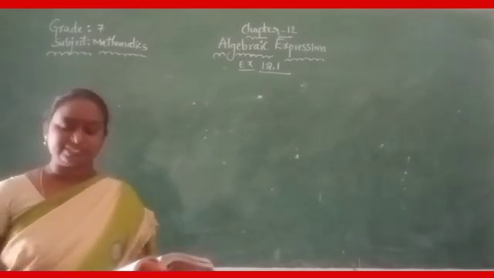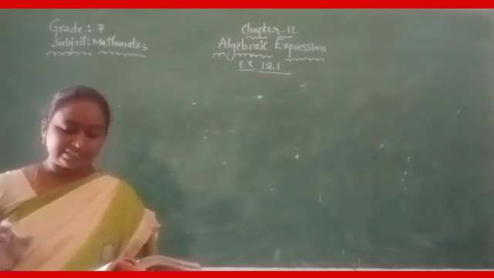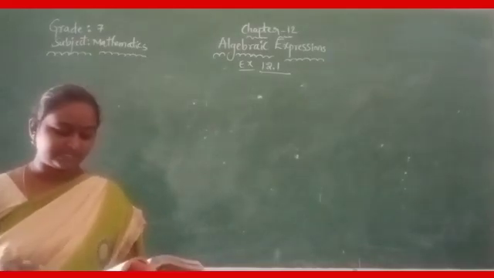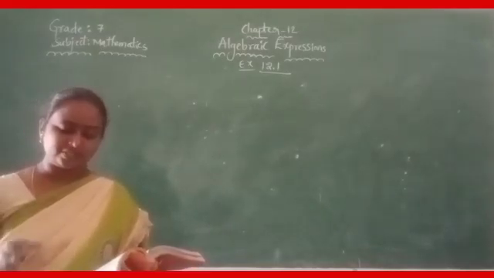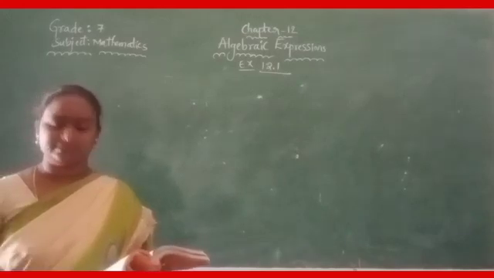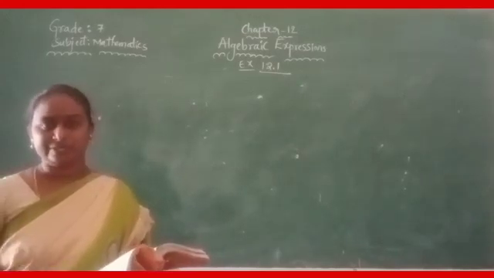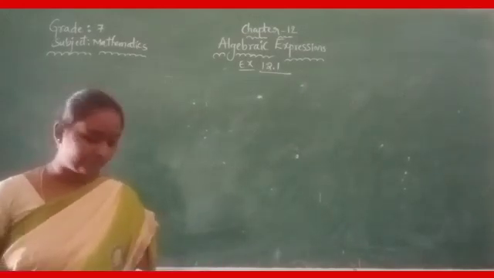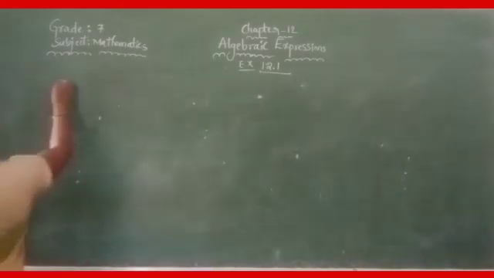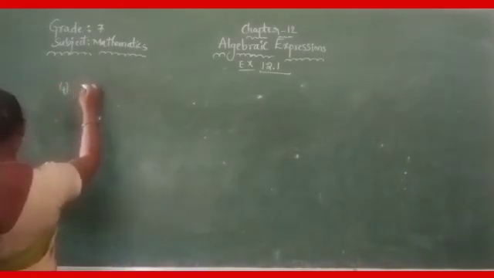Here some expressions are given. You have to find the term with x and also the coefficient of x. Very easy in this chapter. All the problems are very easy.